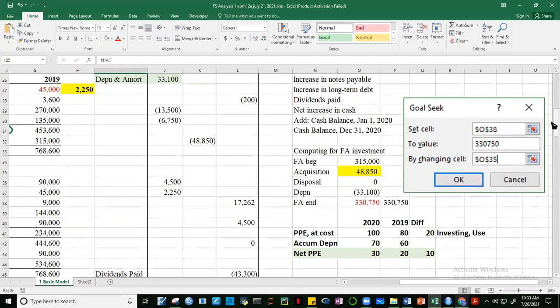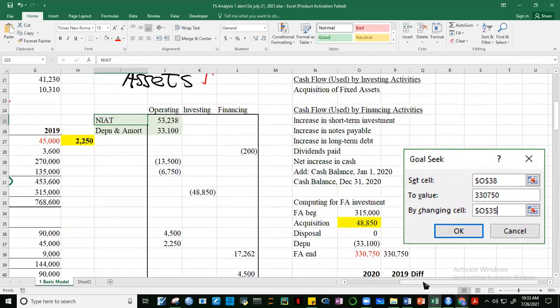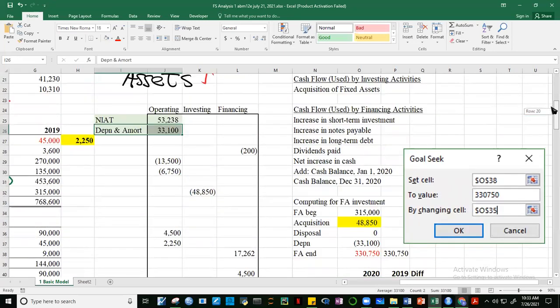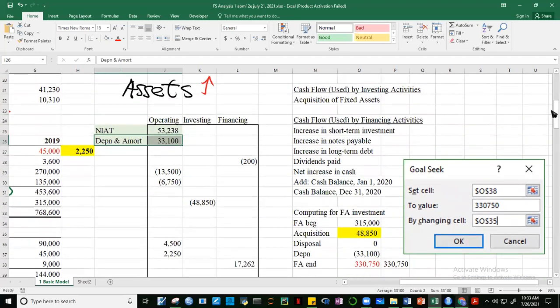Okay? Okay, so, quick review, guys. Kasama si net income after tax at saka adjusted for depreciation and amortization. Pag nag-increase yung assets, guys, use of cash. Pag nag-decrease yung assets, a source of cash. Pag liabilities and equity nag-increase, source of cash.